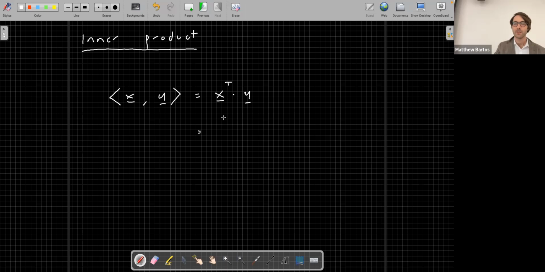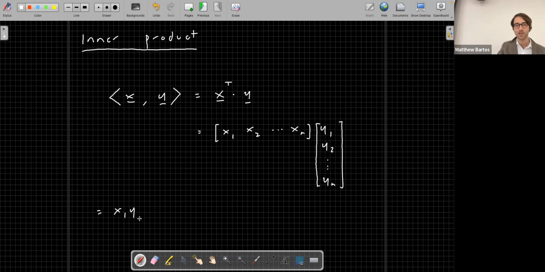What this gives us is we take the elements of x, so x1, x2, all the way through xn, and we multiply them by the elements of y, so y1, y2, all the way through yn. So this will be equal to x1 y1 plus x2 y2, and so on, all the way to xn yn.